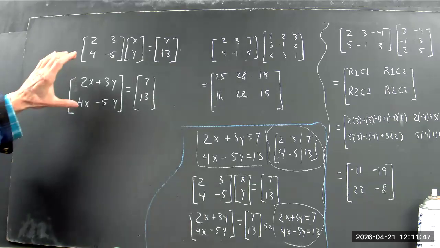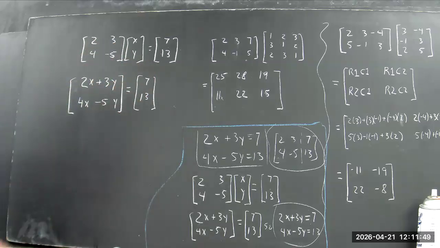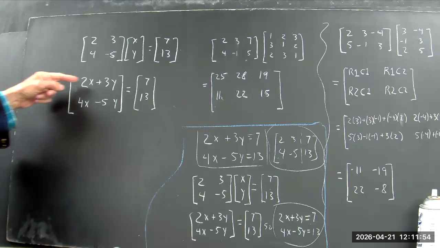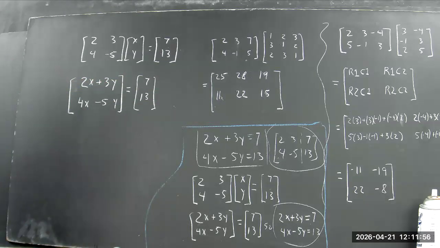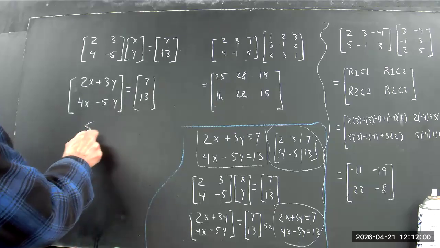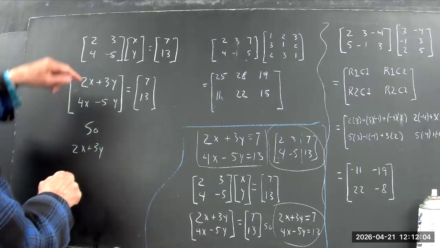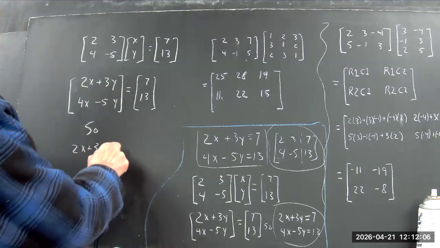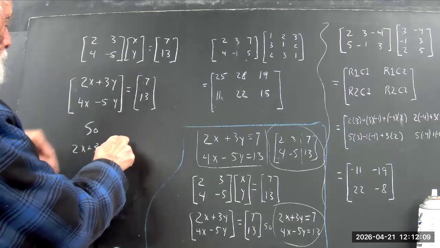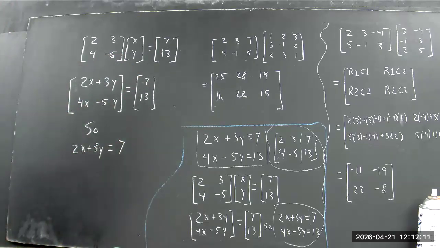Well, if this matrix is equal to this matrix, then the number in the first row here has to equal what's in the first row, right? So 2x plus 3y is in the first row of this matrix, and 7 is in the first row of that matrix, so they've got to be equal.